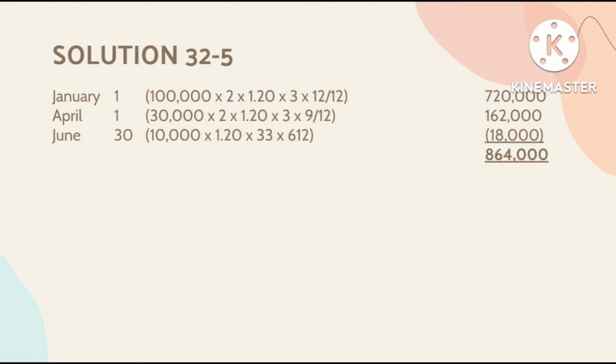Times 3. Then times 6 over 12. Why 6 over 12? Because the purchase was on June 30, so the count is July to December. So we have 18,000. Since the June 30 transaction is a purchase, we deduct it. So 720 plus 162 minus 18,000 gives us a weighted average number of shares of 864,000.